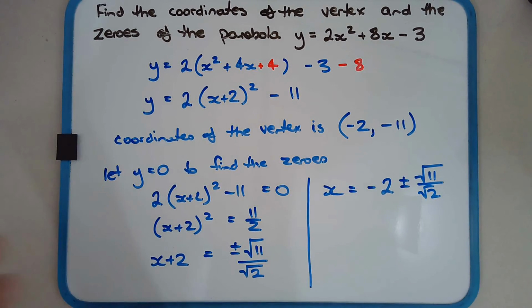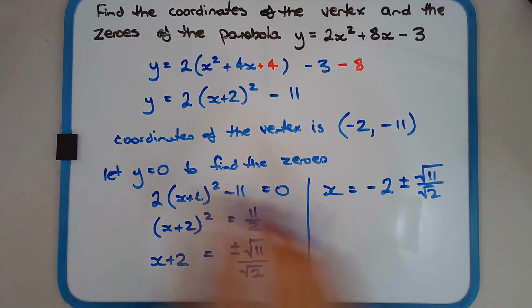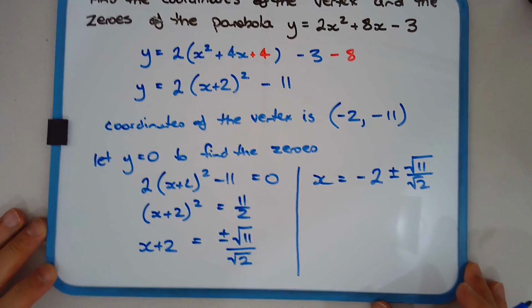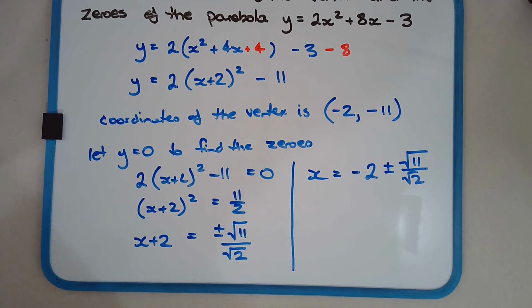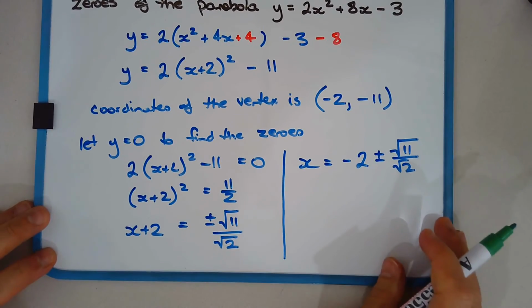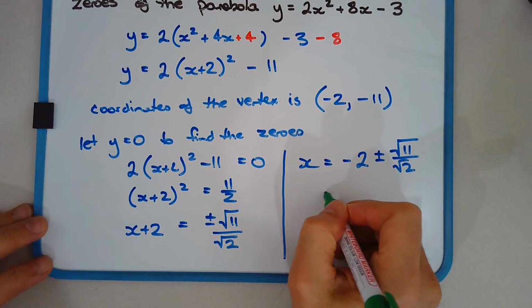Now, we should clean up this answer a little bit and rationalize the denominator. I'll do that in a different color just so you can see that at this point it is the correct answer, but let's express it with a rational denominator.